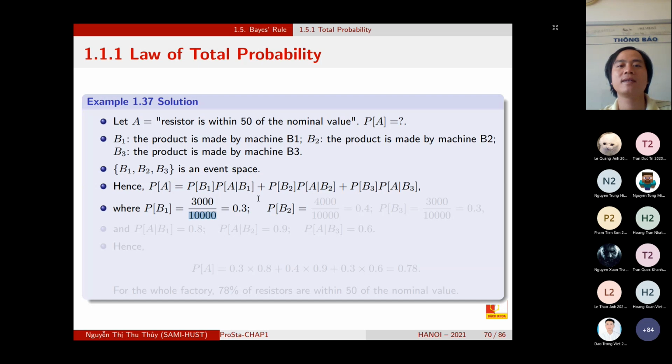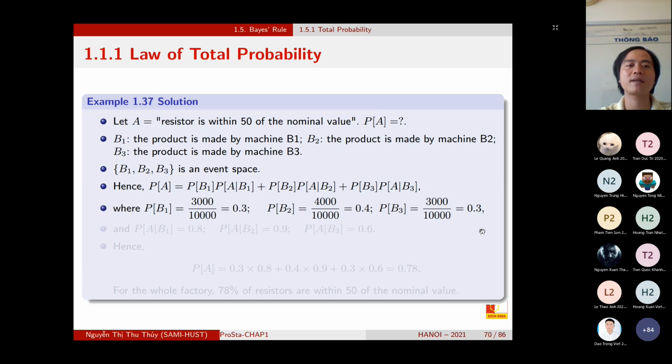For machine 2, it produced 40% of the products, and machine 3 produced 30% of the products also.